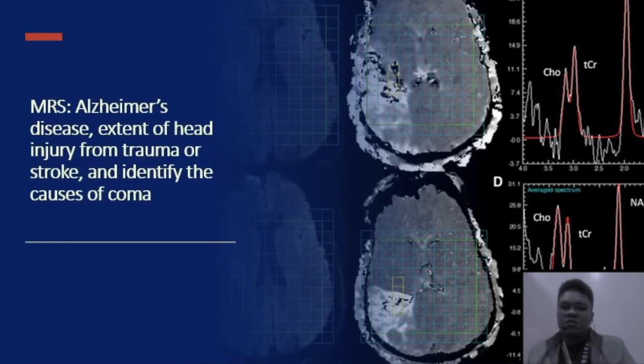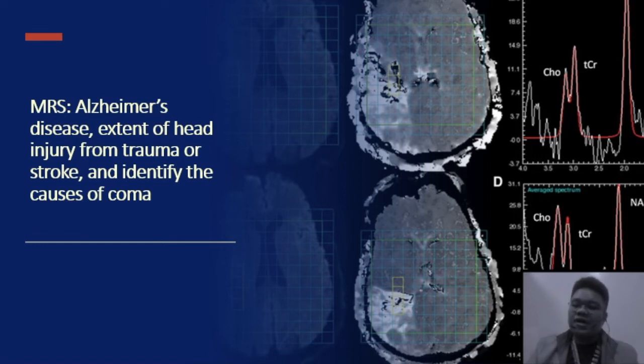So class, your magnetic resonance spectroscopy is still non-invasive. The purpose of which is to measure biochemical changes in the brain, especially in the presence of tumors. Class, for your spectroscopy, just remember it talks about biochemical changes in your brain. If you notice the diagram on the right, the images of the brain are taken, and there is a specific diagram here which would monitor the levels of biochemical changes.